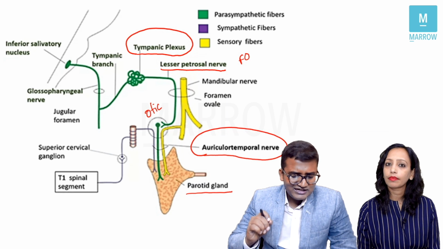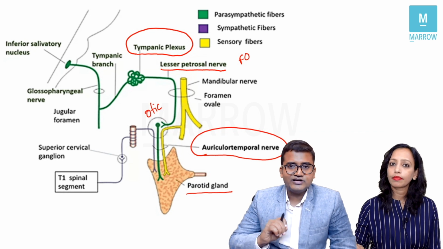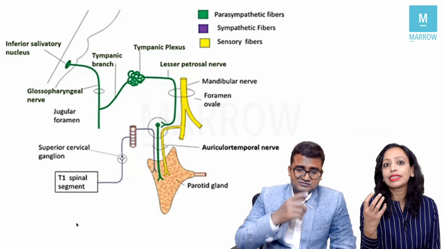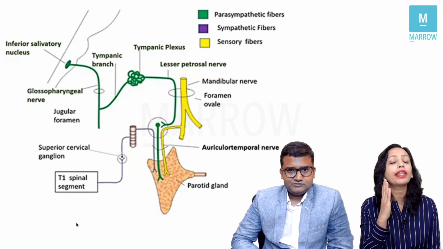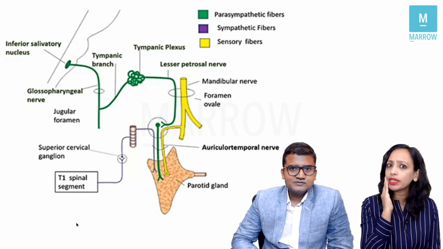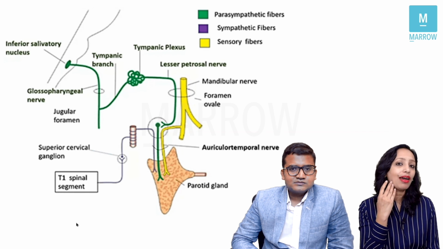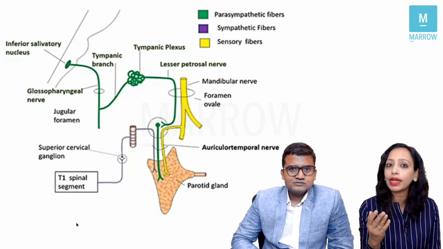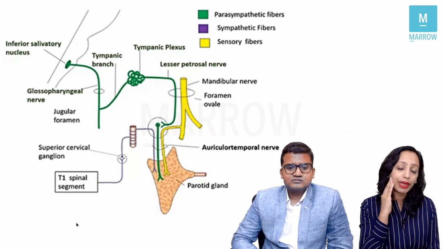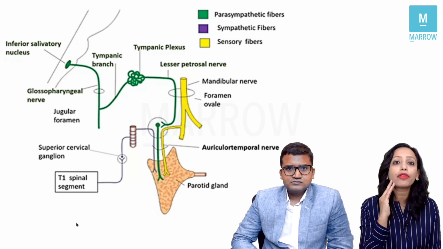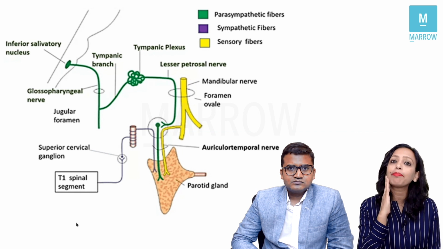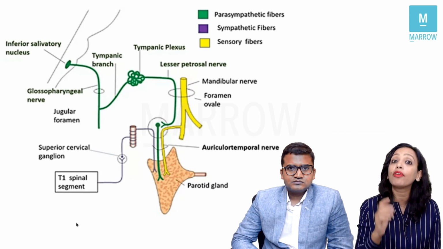Now ma'am, do we have any surgical treatment for the Frey syndrome? Okay, so what Frey syndrome is, is that whenever the patient eats, along with salivation from the parotid, there is also sweating in this area of the skin overlying the parotid. So during parotid surgeries or surgeries in this area, when the auriculotemporal nerve gets cut, now during regeneration, along with supplying the parasympathetic part of the parotid, there is aberrant regeneration and the nerve comes up to supply the sympathetic sweat glands of the skin overlying the parotid.